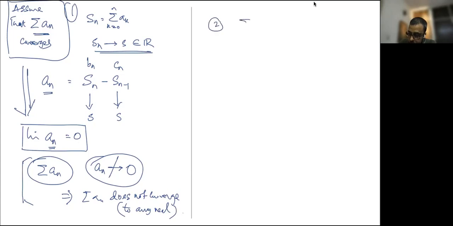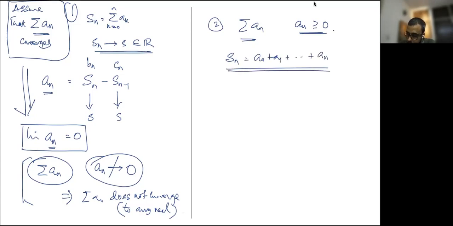Next, let's say you have a series and let's assume that these are all non-negative. In this case, what can we say about the sequence of partial sums? So this is A0 plus A1 plus up to An. What is Sn plus 1?